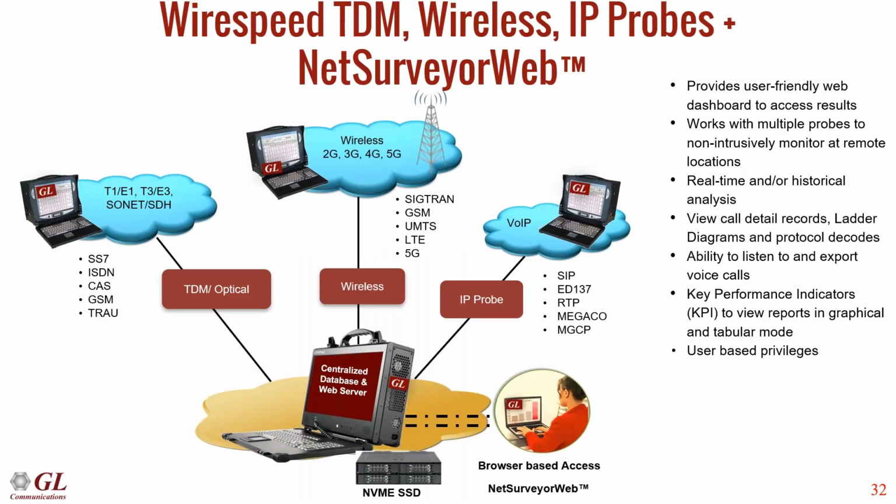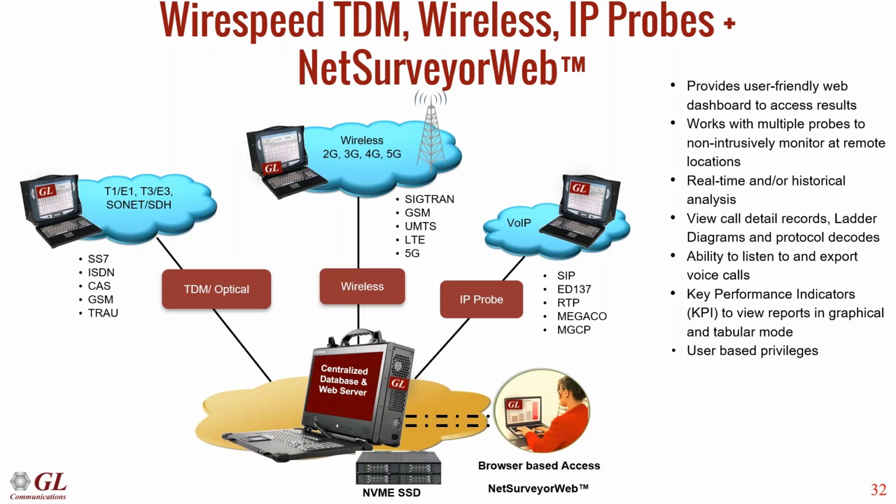So when all this data, analyzed by the IP probe, is sent to the database, the user can access it using our NetSurveyorWeb, a very user-friendly web dashboard to access and analyze the traffic.